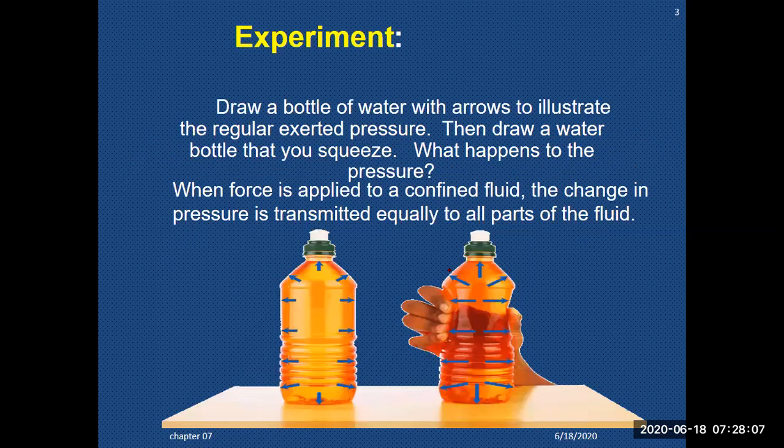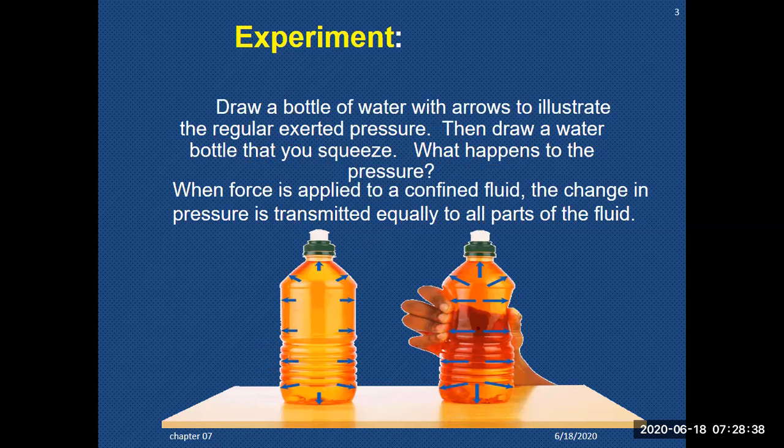Keeping this in mind, you can perform an experiment. Draw a bottle of water with arrows to illustrate the regular exerted pressure. Then draw a water bottle that you squeeze, and see what happens to the pressure. This is the type of bottle, and you are applying pressure on the outer side of the bottle.